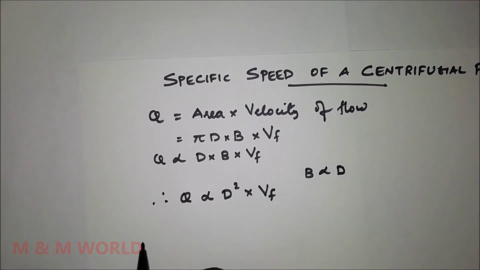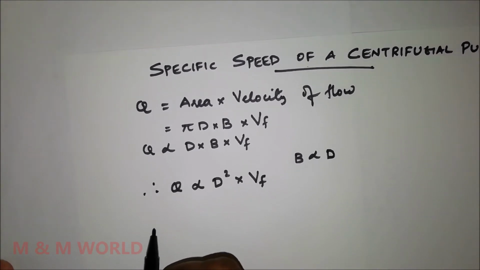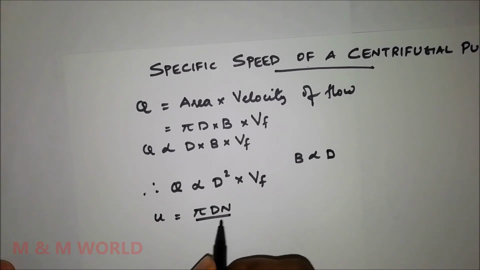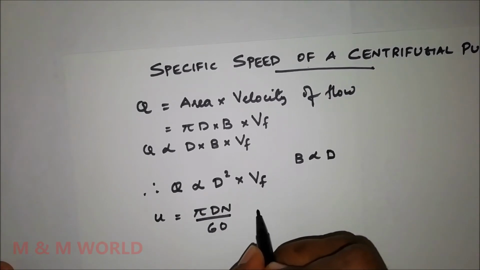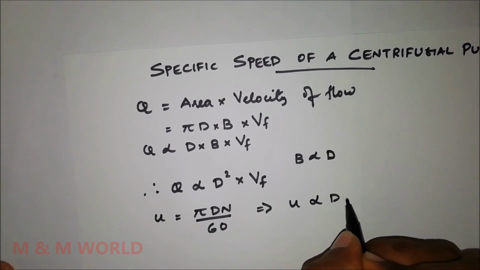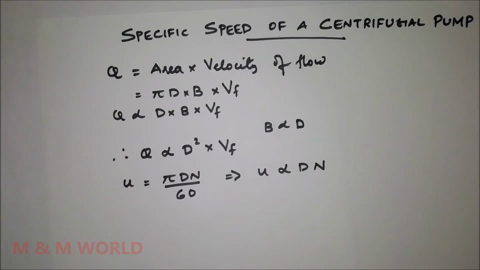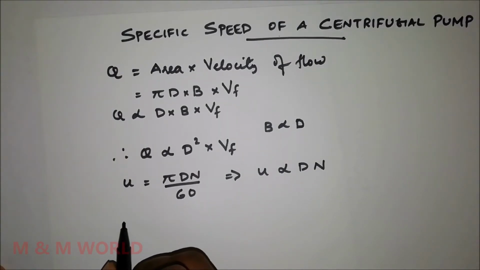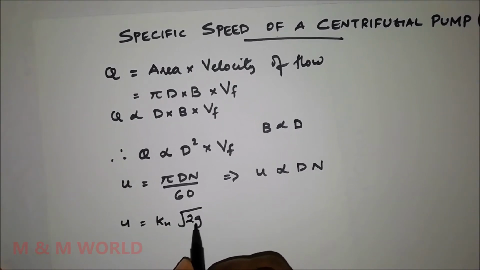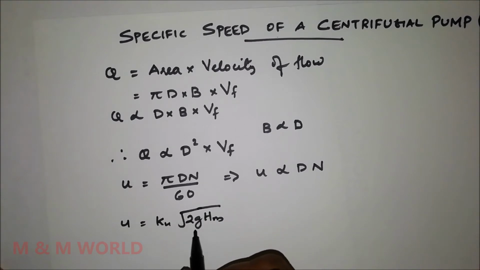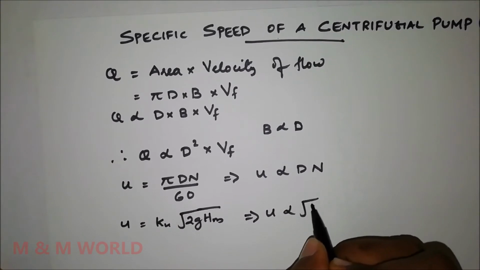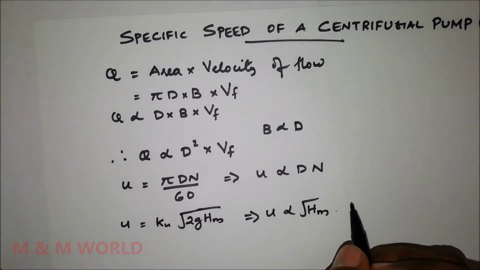Again, we know that the tangential velocity is given by the equation u is equal to pi dN by 60. That is, u is directly proportional to d into N. Now again, we know that the tangential velocity u is equal to Ku into root of 2gHm, where Ku and root of 2g are constants, which implies that u is directly proportional to root of Hm.